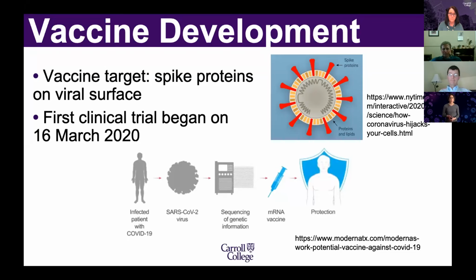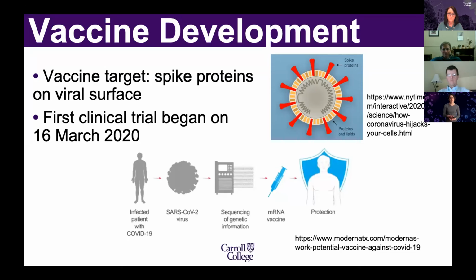A very strong target for antibody production against this virus is the spike protein that is found on the surface of the virus. In the case of the vaccine that I mentioned that's now in clinical trial, this is an mRNA vaccine.